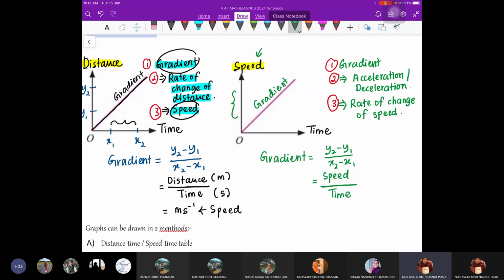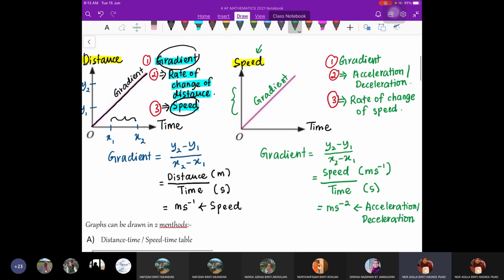So, contoh kalau speed saya itu adalah in meter per second, and then time tu adalah second, my unit will be meter per second dua kali. So, this is actually acceleration or deceleration. Kita boleh tahu daripada unit.